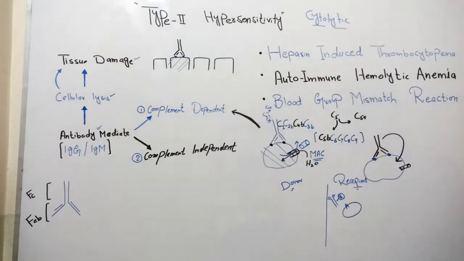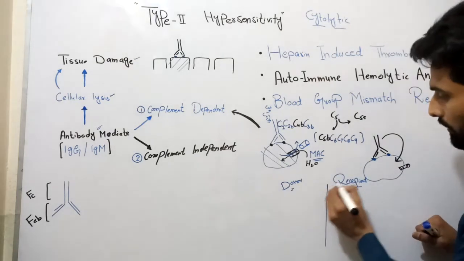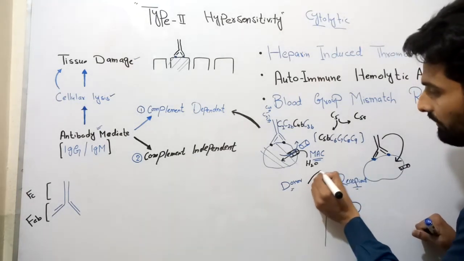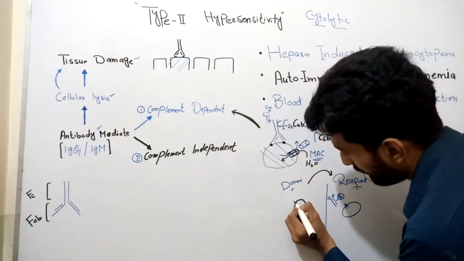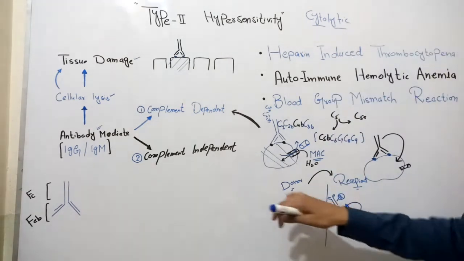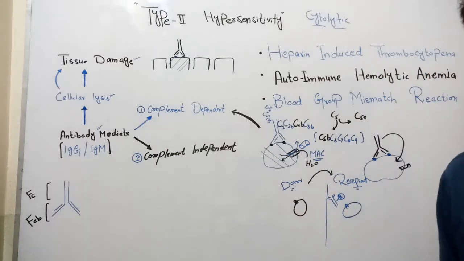Similarly, for example, by a mistake, a patient having blood group B donates his blood to this patient.